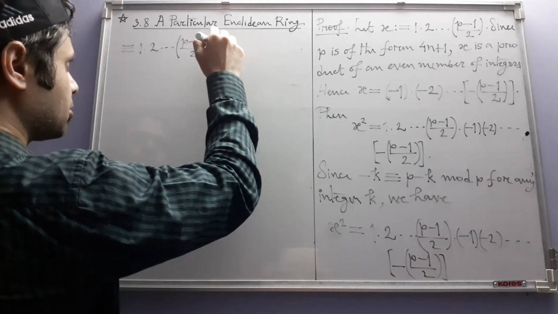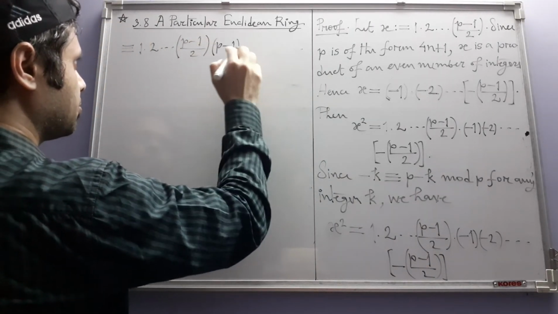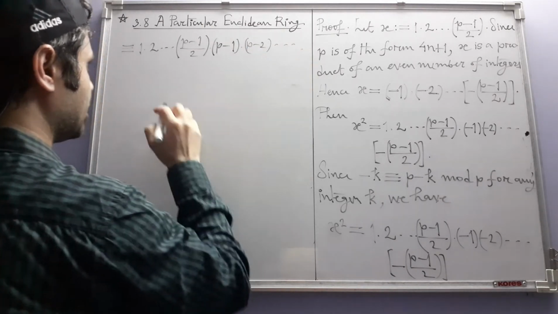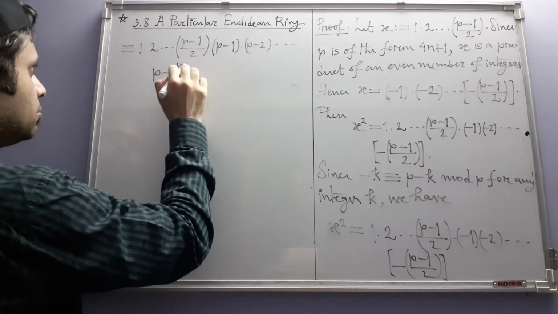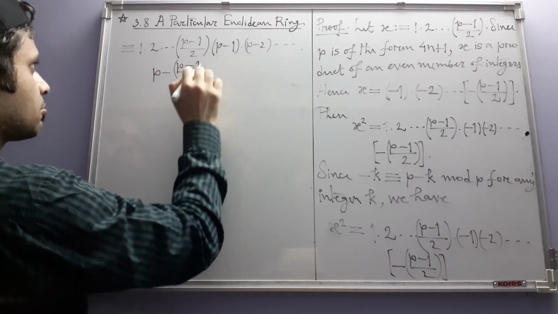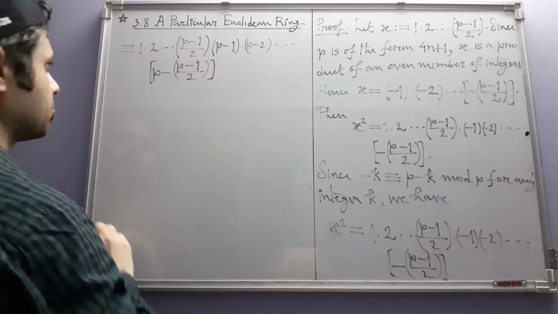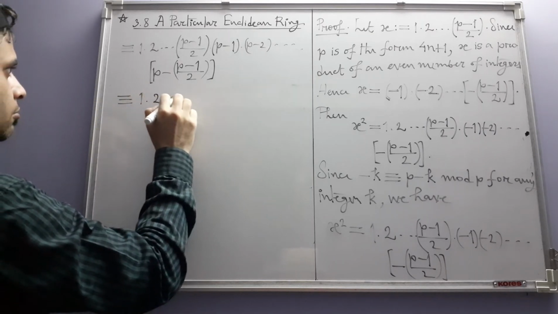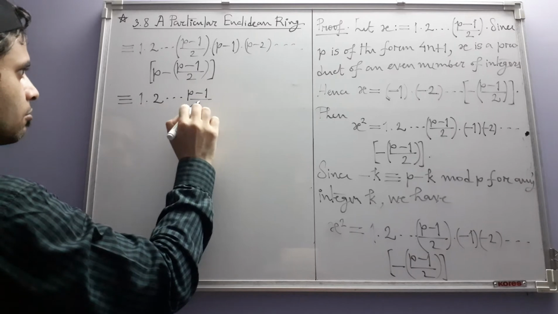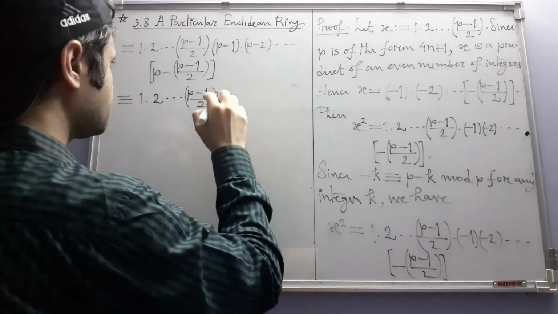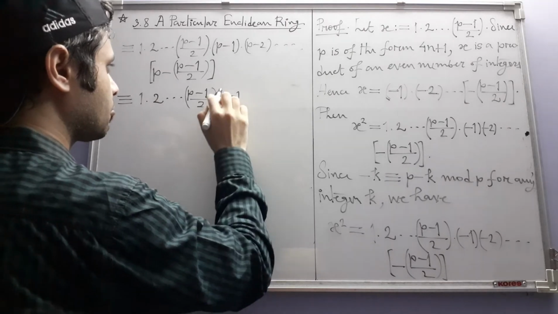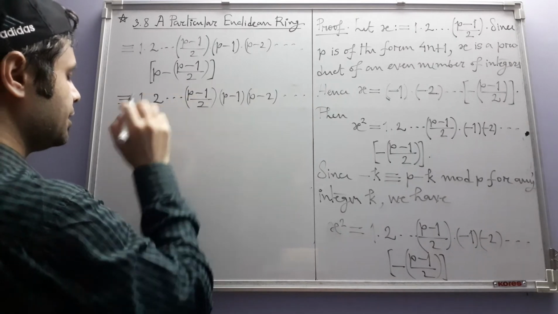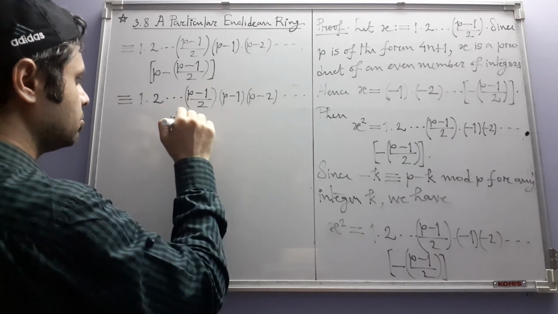In place of minus 1 we can write p minus 1. For 2 we write p minus 2, and like that all the way up to this. This becomes p plus 1 by 2.